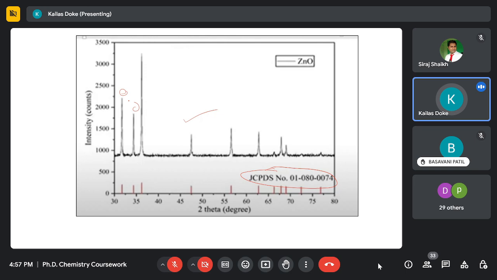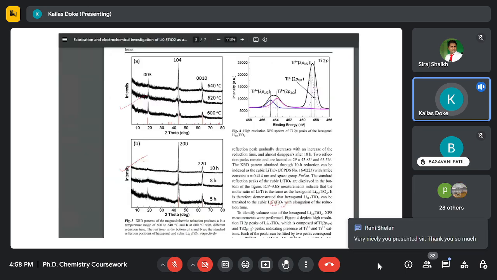They found a very interesting crystal structure. At different conditions, they got different crystal structures. One shows a monoclinic and one shows a hexagonal crystal system, where diffraction patterns such as 003, 104, 001 are observed.